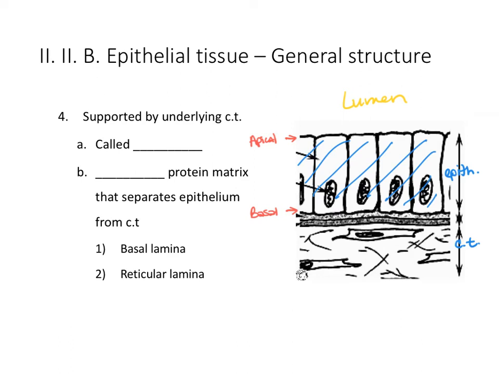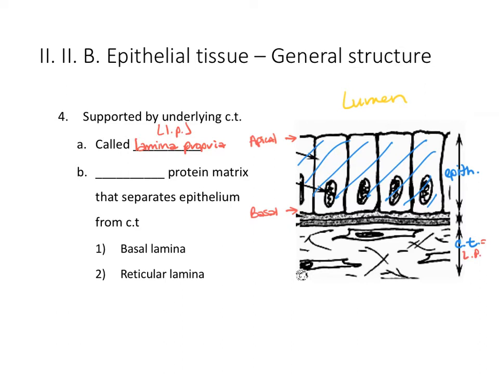Epithelial tissue is going to be supported by underlying connective tissue, and that stuff has a name. We're going to refer to it as the lamina propria. Sometimes I'll just abbreviate it LP for lamina propria, not liquid propane. And so down here, this connective tissue, again, LP for lamina propria.